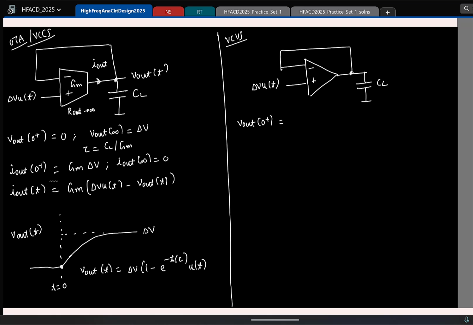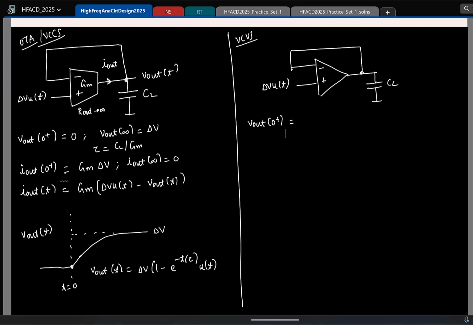It will be 0. Okay, why? Think about it. Here, the way we argued was if the capacitor voltage has to change instantly, current must be an impulse. But this current depends on these two voltages, and since neither of the two voltages was an impulse, the current cannot be an impulse.